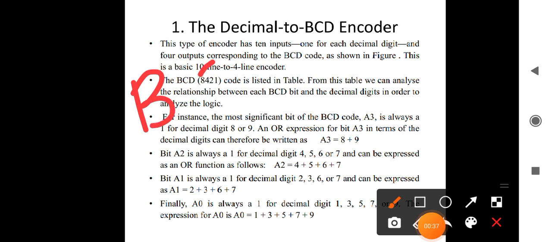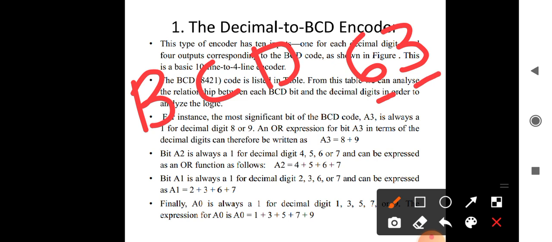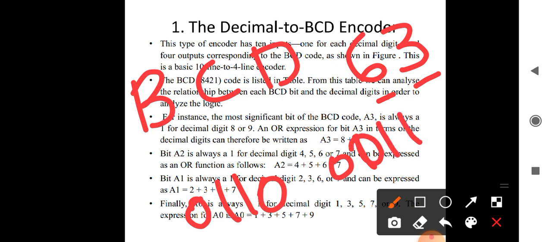I told you in yesterday's class what BCD is. If you have 63 and want to represent it, what is the binary value of 6, 0110? And what is the binary value of 3, 0011?